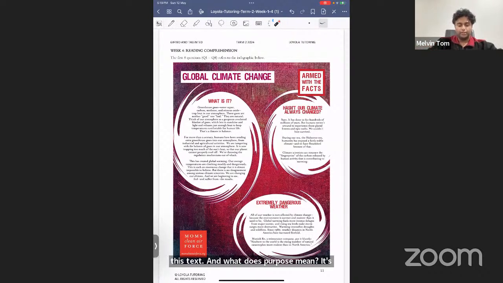So again, look at the poster. You have to be very careful. The poster is made by a group called Mums Clean Air Force. They made a poster about global climate change, and they're saying "armed with the facts." So with a group called Mums Clean Air Force, you could infer that they want clean air, and it's mums who are working on it.